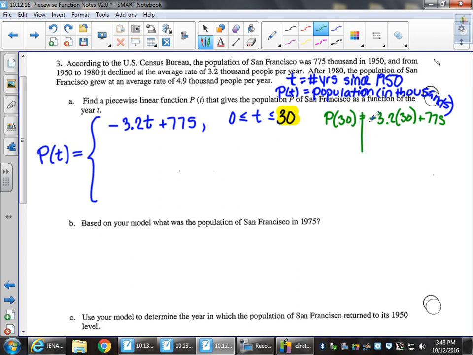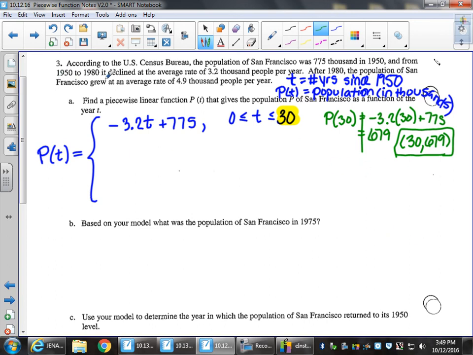So in our calculators, negative 3.2 times 30 plus 775 equals 679. That gets me the ordered pair (30, 679). We're going to use this ordered pair and the rate of the next expression to actually do our math.